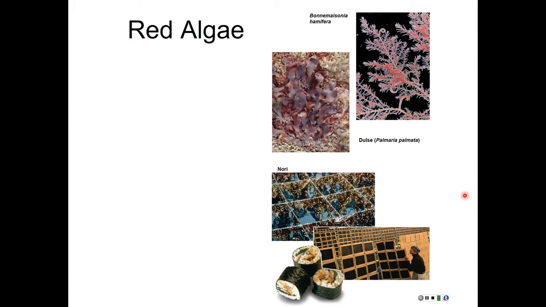It's just masked by this other pigment. And the one thing that is really an important adaptation of having this red pigment for the red algae is that it can absorb light wavelengths that penetrate deeper into the ocean.